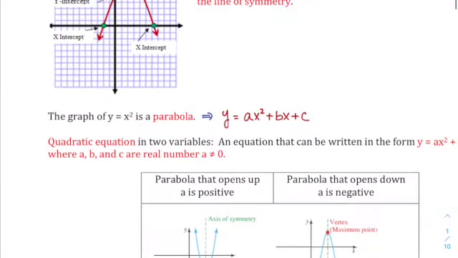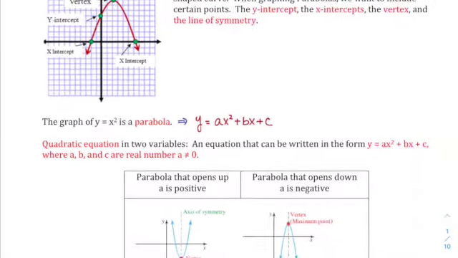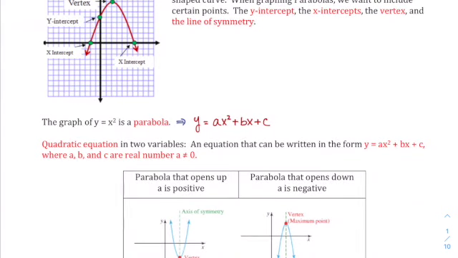Because the x exponent is 2, it is also called a quadratic equation in two variables, in this case x and y. It can be written in the form y equals ax squared plus bx plus c, where a, b, and c are real numbers, and a cannot equal 0, because if a equals 0, the x squared term will be gone. So a has to be some sort of number.